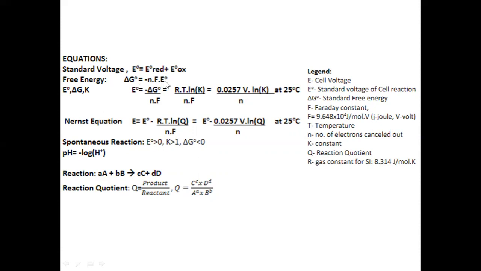Now let's define the variables involving the free energy. The free energy delta G naught is equal to negative N, the number of electrons canceled out during a redox reaction, multiplied by F, Faraday's constant, which is equal to 9.648 times 10 raised to 4 joule per mole volt, multiplied by E naught.